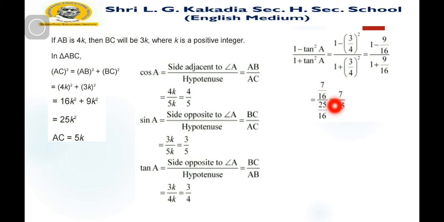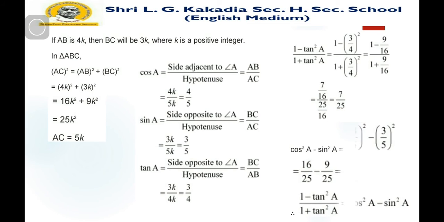Now let us take (1 minus tan square A) upon (1 plus tan square A). We know that tan square A is (tan A) square. So (1 minus (3 upon 4) square) upon (1 plus (3 upon 4) square). We find the value of this algebraic expression is 7 upon 25.